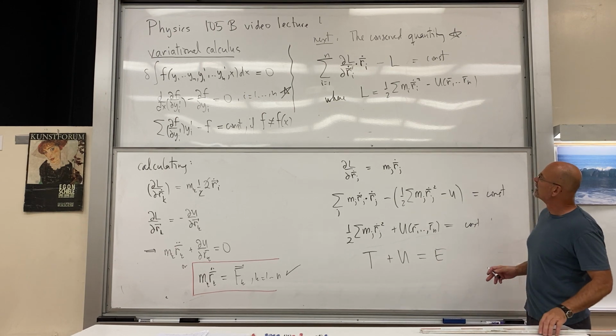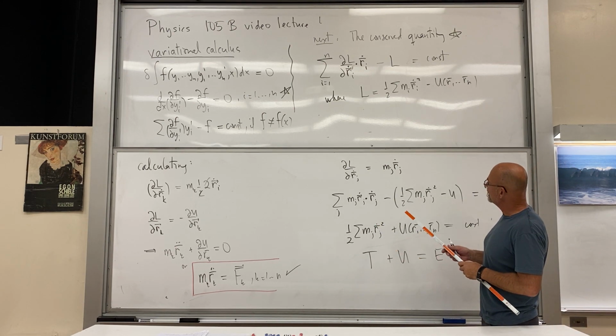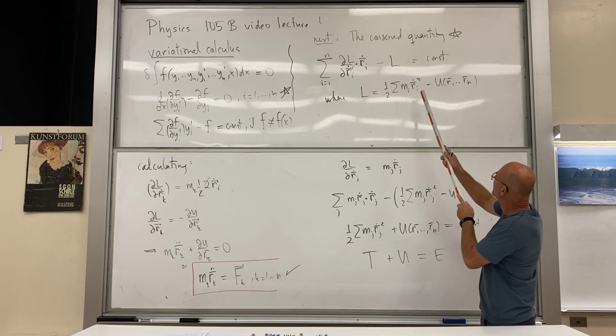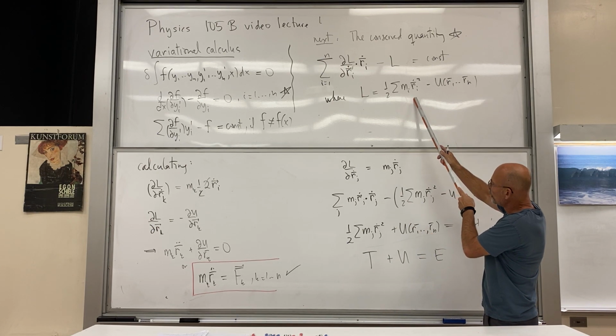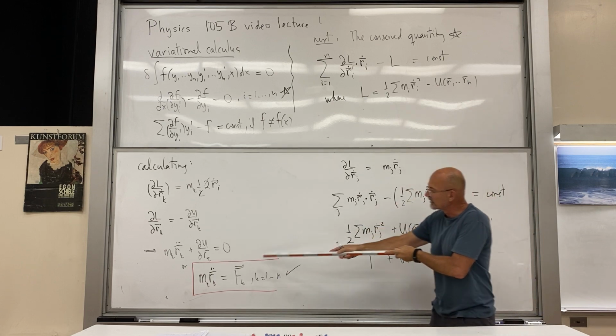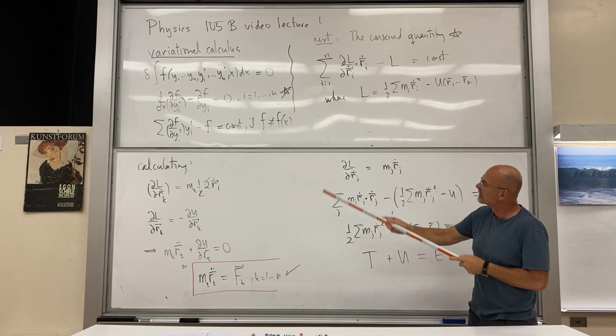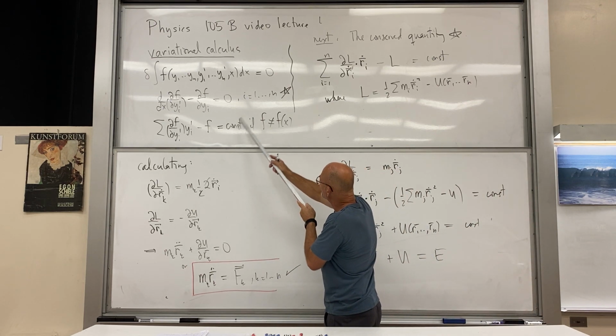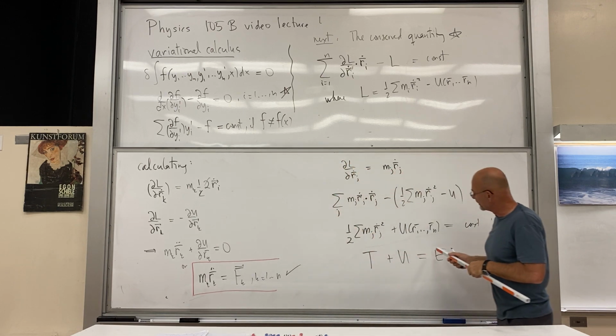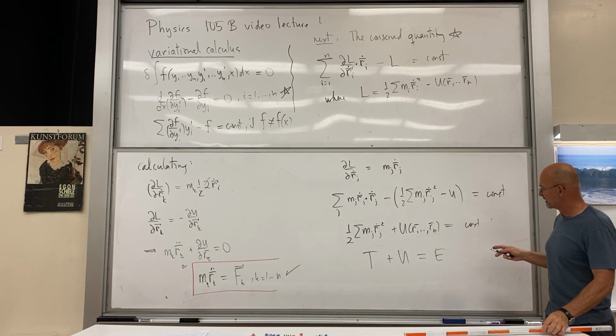We have the Lagrangian, we have the equations of motion giving us Newton's laws, and we have this first integral here, this one right down here, giving us the conserved quantity, the energy.